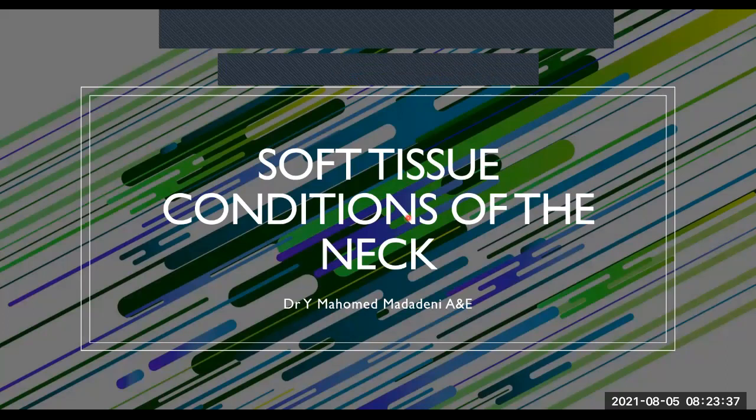Okay. So there's a few reasons why you need to look at the soft tissue of the neck. Number one, soft tissue of the neck tells you about infections in the neck. It tells you about injuries in the neck. It tells you about injuries to the structures. So what travels through the neck? All of your important structures travel through the neck, all right?